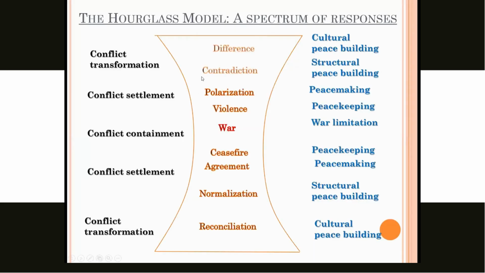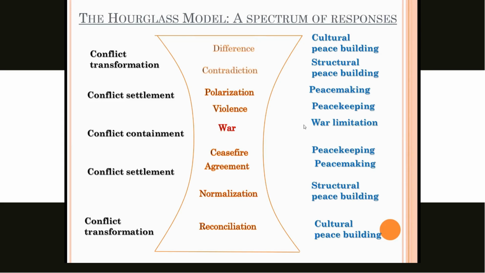And if we look at a different model, this is the famous hourglass model. From top to middle, conflict escalates, starting from difference, contradiction, polarization, violence, and war. And from middle to bottom, conflict de-escalates. And the left and right side is an approach to conflict.